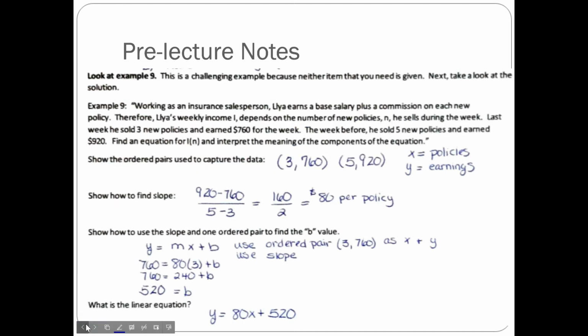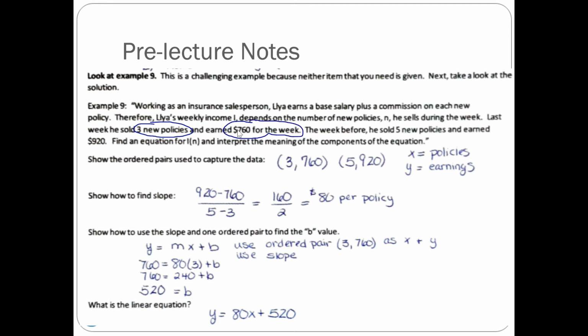So let's take a look at an example. In this example, we have an insurance salesperson, and they are getting paid a base salary plus some commission. And so what we see is that 3 policies goes with an earning of $760 for the week.